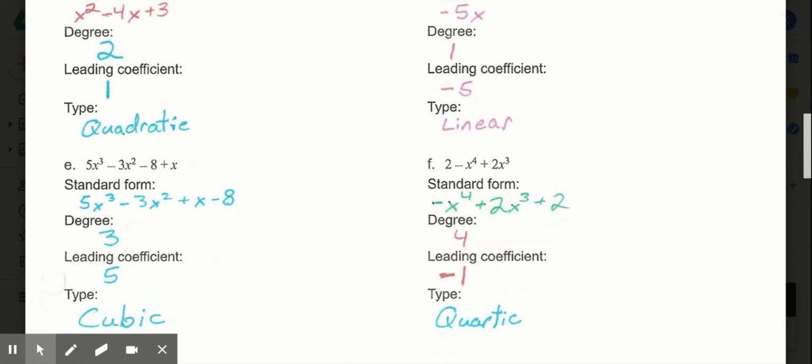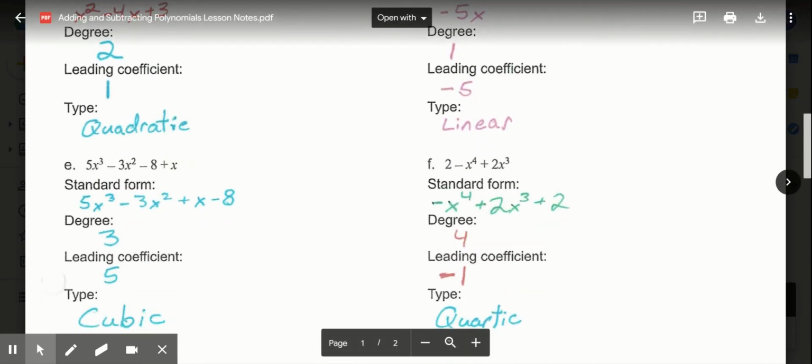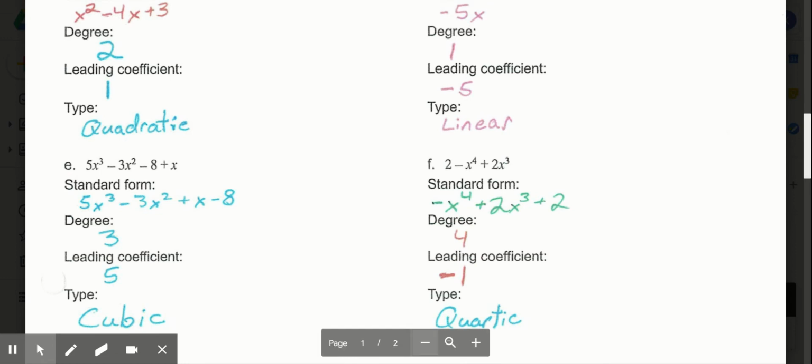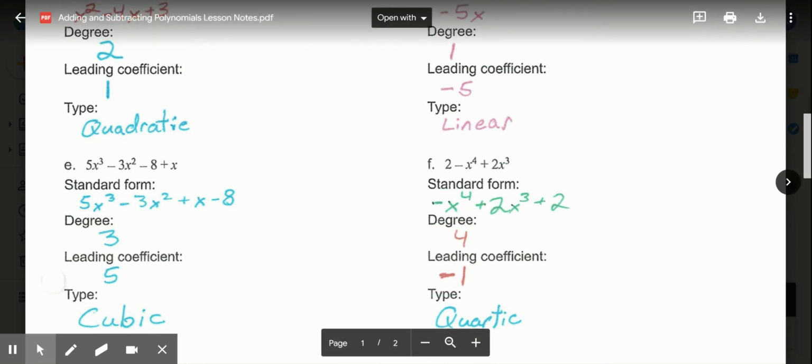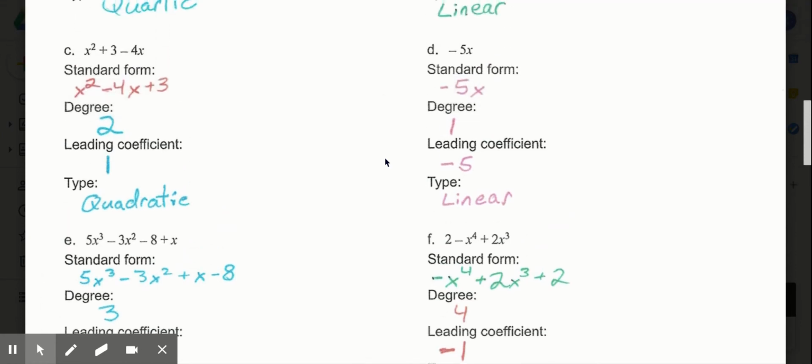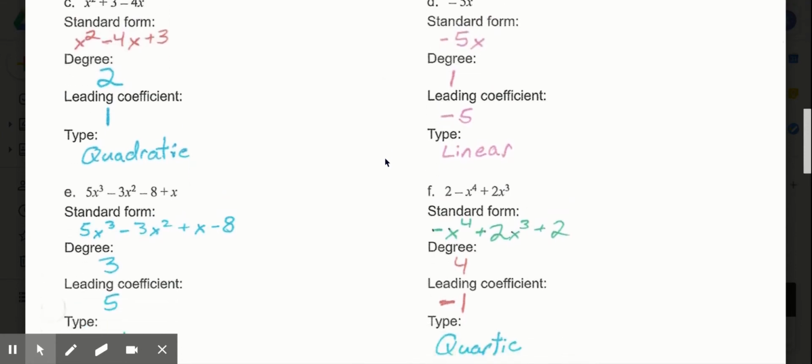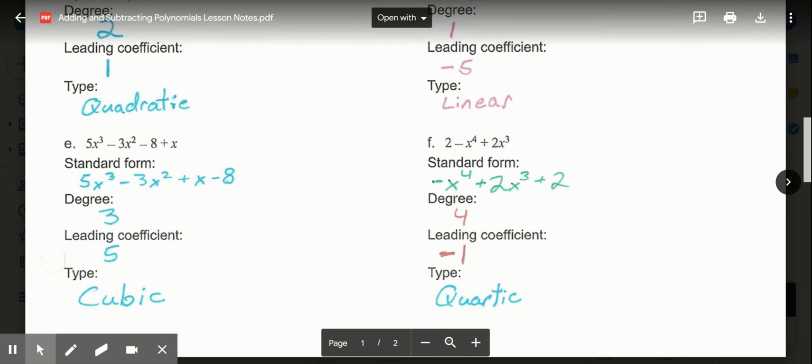Anything where our degree is 3 is a cubic polynomial. And if we have a degree of 4, it is a quartic polynomial. So linear for 1, quadratic for 2, cubic for 3, quartic for 4.